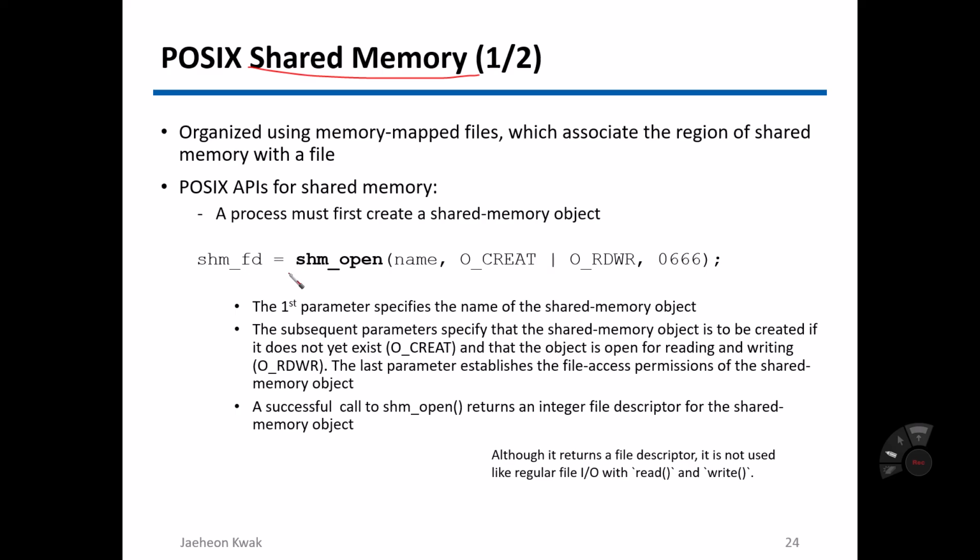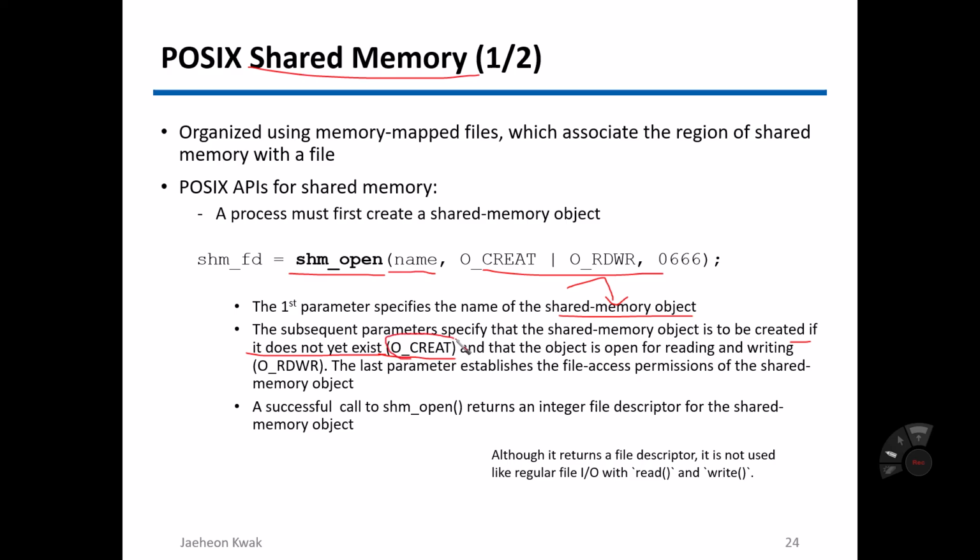firstly we have to open the shared memory. So we will use this function, shm_open, and it takes the name of the shared memory object and some permissions. The second parameter means the permission of the shared memory region. If the name of the shared memory has not been created, then we have to create a new shared memory.